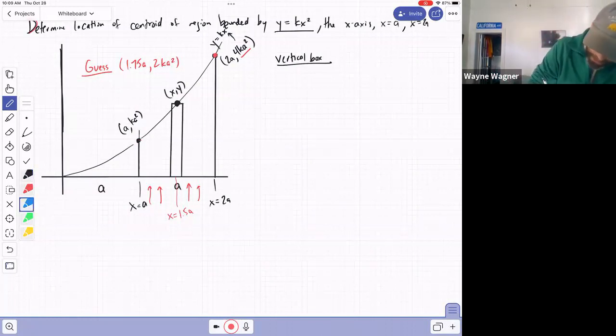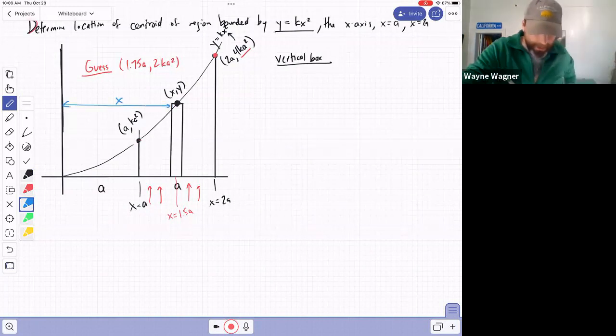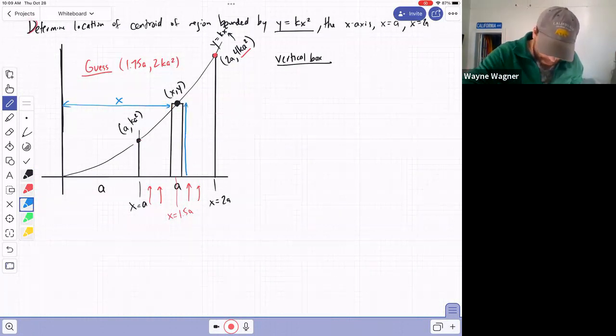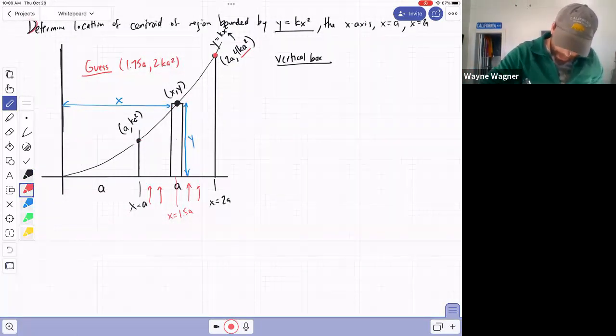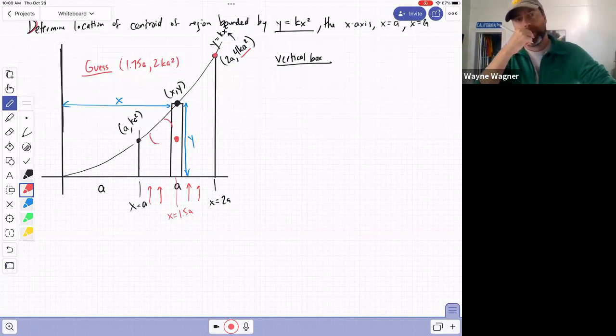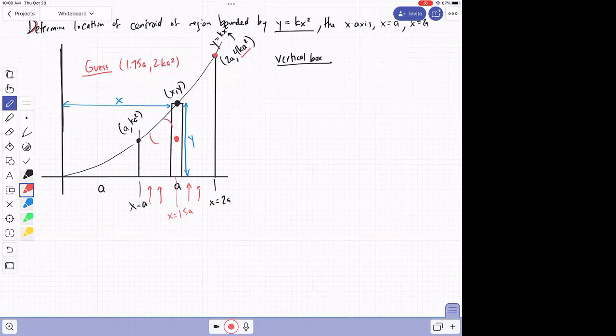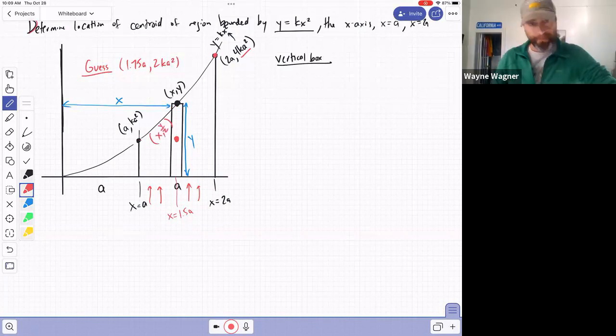That means this distance to that point is X, and this distance going this way is Y. Now I'm going to put the centroid in here. What are the coordinates of the centroid of that rectangle? X comma Y over 2. Good. Now we have everything that we need to solve this.